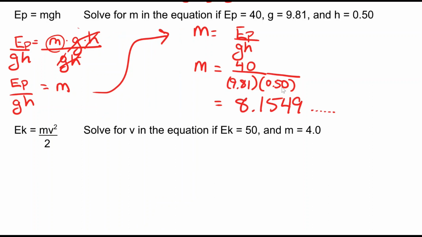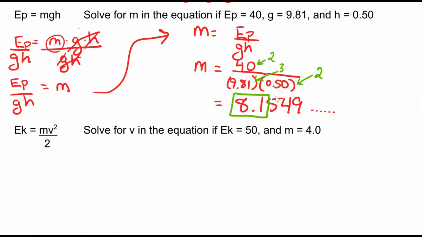And I look at how many significant digits. Well, over here, I've got 2 significant digits. Here I've got 3, and here I've got the 0. Leading zeros aren't significant. So I've only got 2 here. So take the lowest number of significant digits, 2 of them.